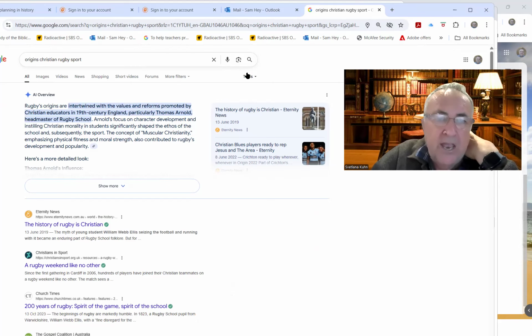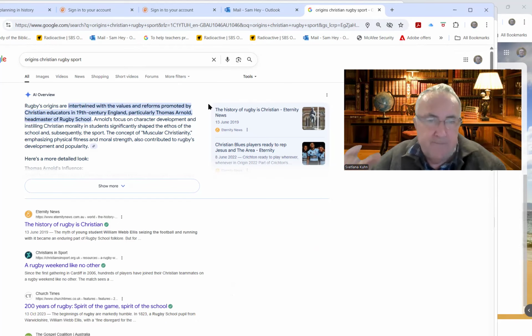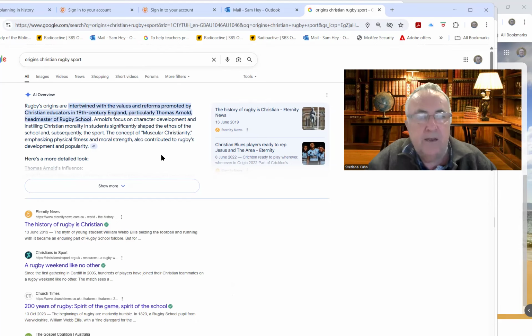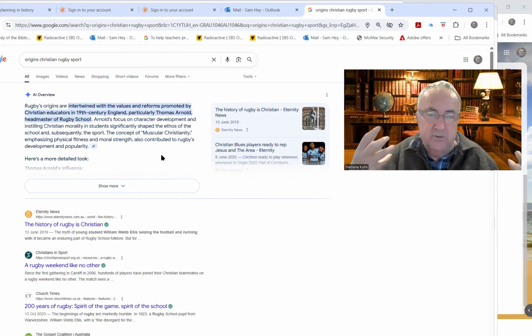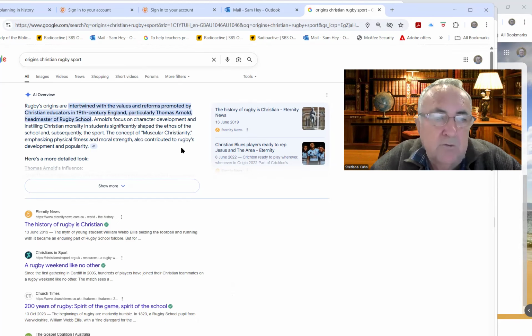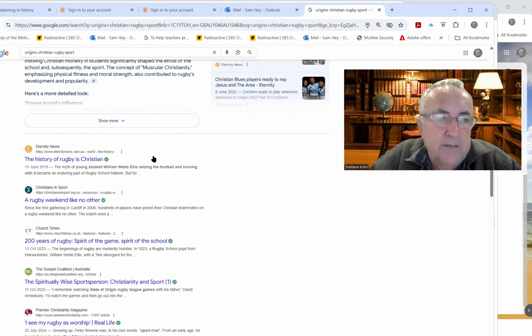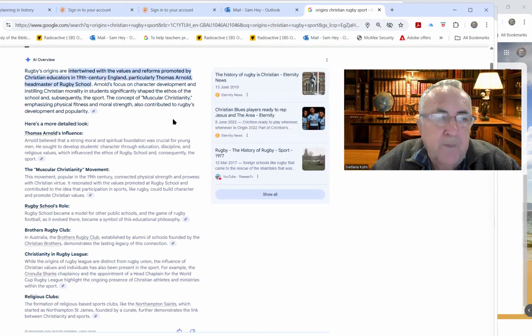And so he came up with these teamwork processes. So this is a little historical study in order to develop character and teamwork and Christian morality in students. The concept further developed as the idea of muscular Christianity, that is, God gives us muscles and Jesus and God can help us to use physical fitness and moral strength in the development of the human person.